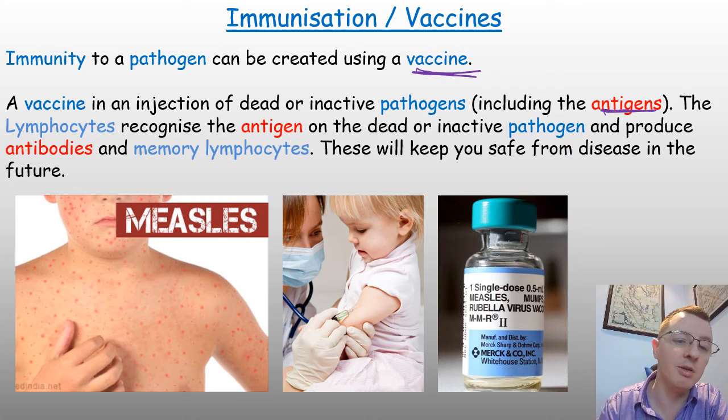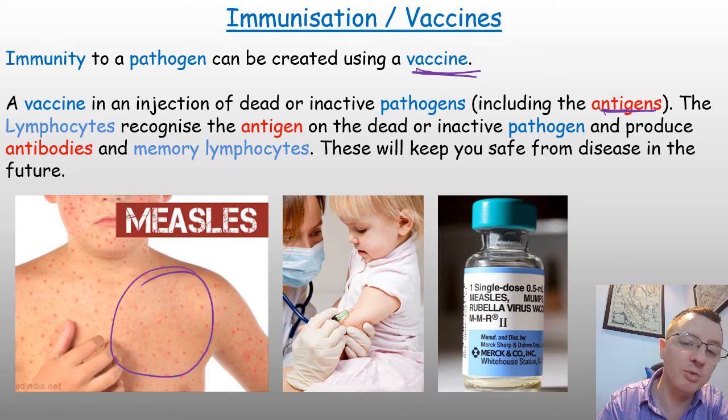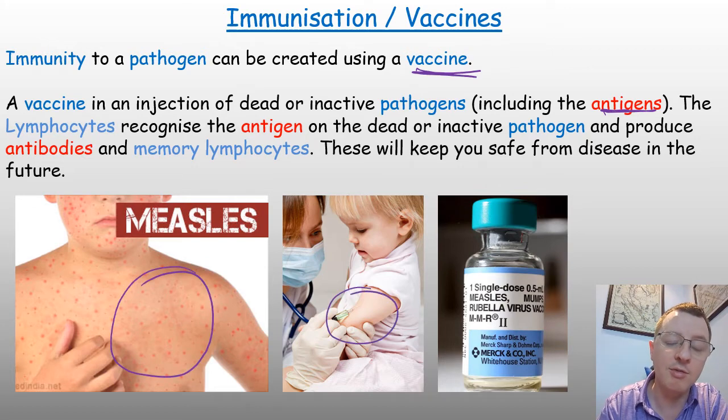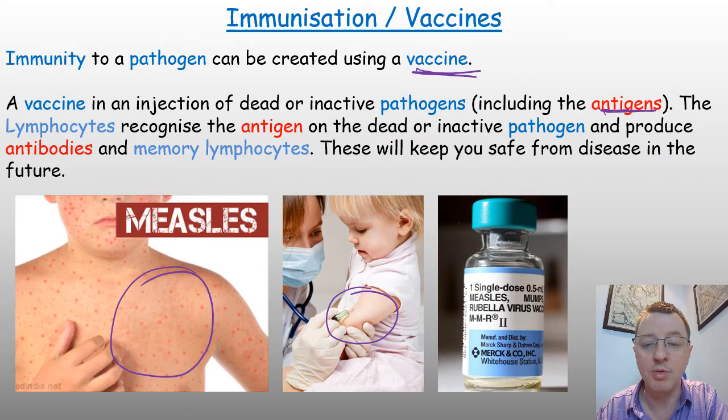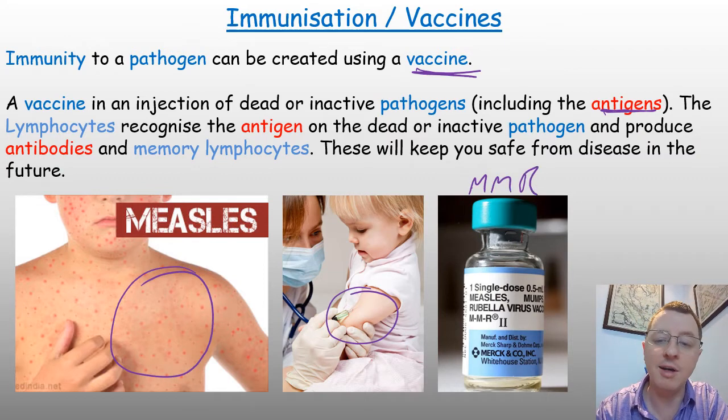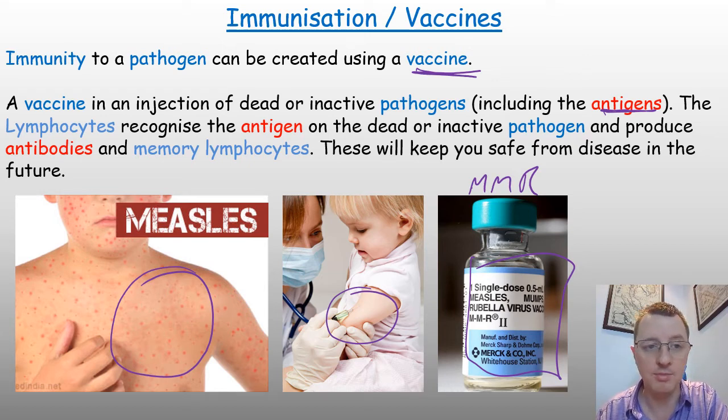Here in this picture you can see somebody who has contracted measles, and this girl who is having the vaccination against measles in the triple dose MMR vaccine shown in this picture here. The little girl will not contract the measles disease and will be kept safe from any damage that measles may cause.